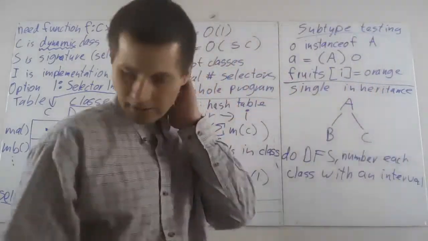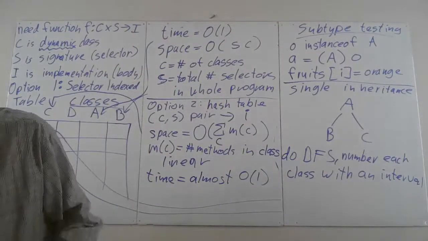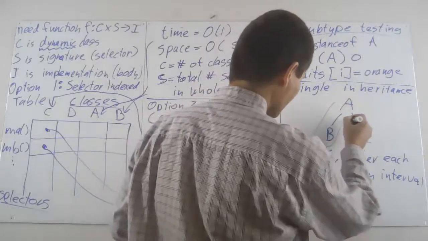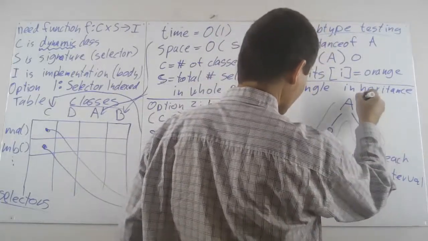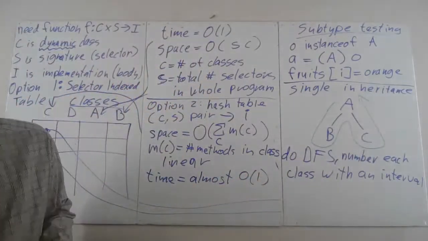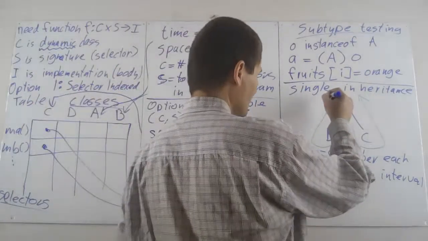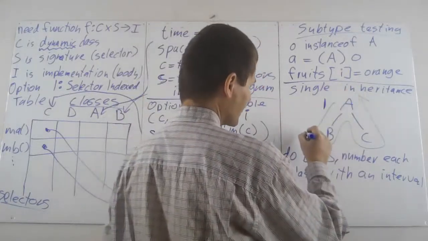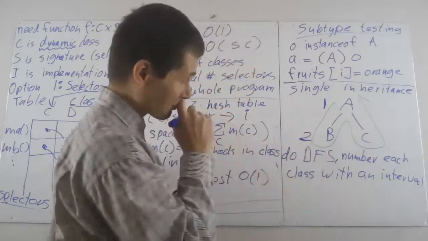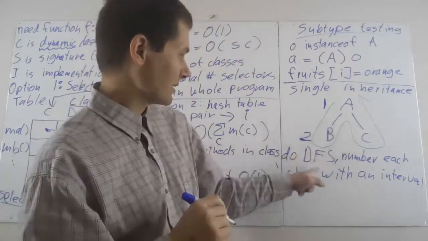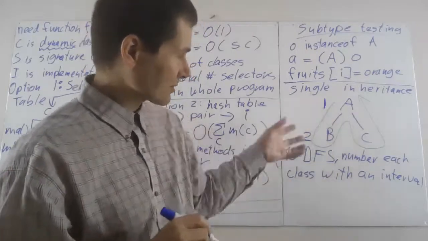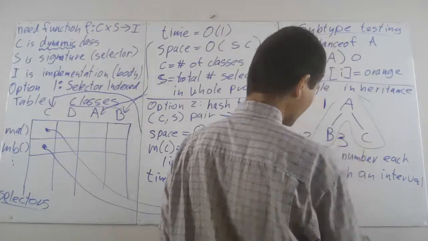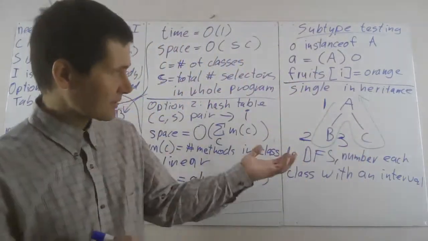Basically, I'm going to do a traversal of the tree like this. The first time I see a node, I give it a starting number, so 1. So I see A, and then I go to B, and I give it starting number 2. Then I'm done with B. If B had more subclasses, I would traverse its subclasses. But then I come back, and I give B a finishing number, let's say 3.